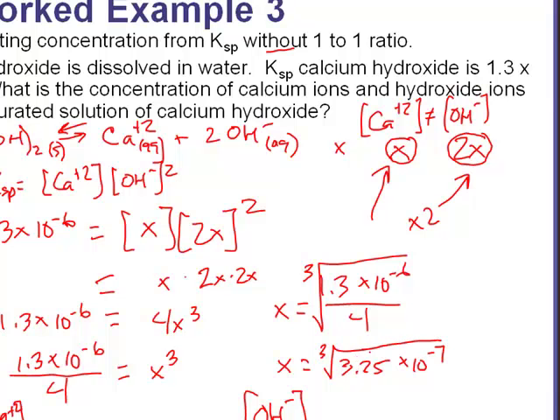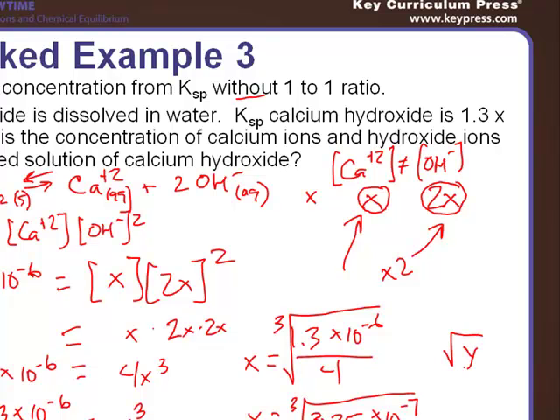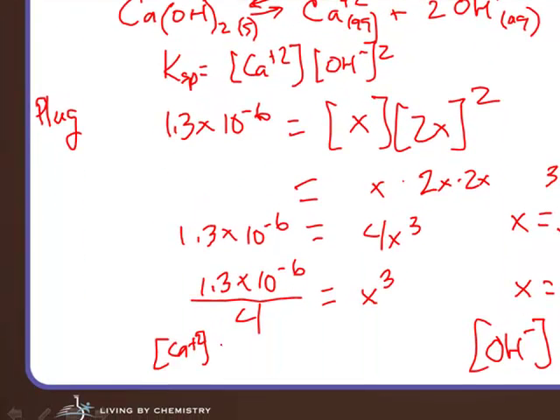We want the cube root of this, so on your calculator you're going to want to find either this button here or put parentheses around it and do a caret to the 1/3 power. So we calculate the cube root of this number, and our calcium concentration is equal to X, which happens to be in this case 6.88 times 10 to the negative 3rd molarity.